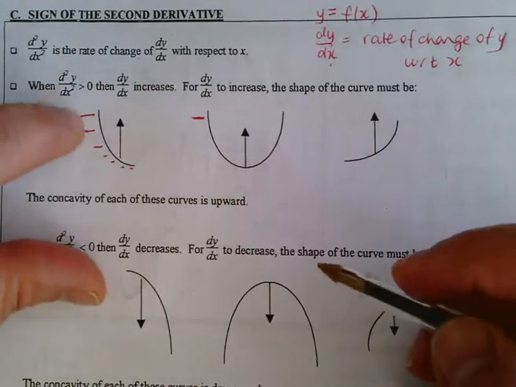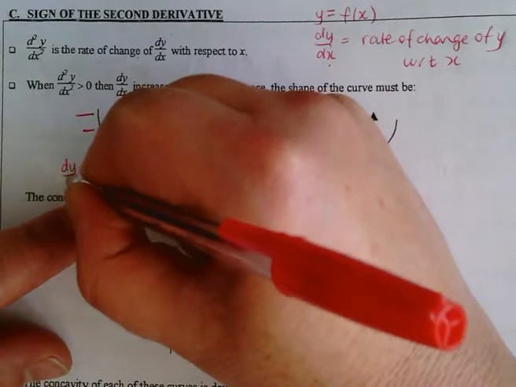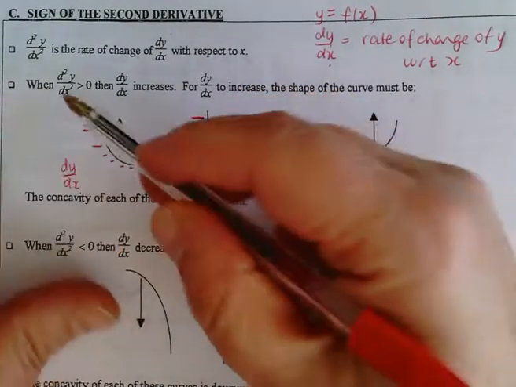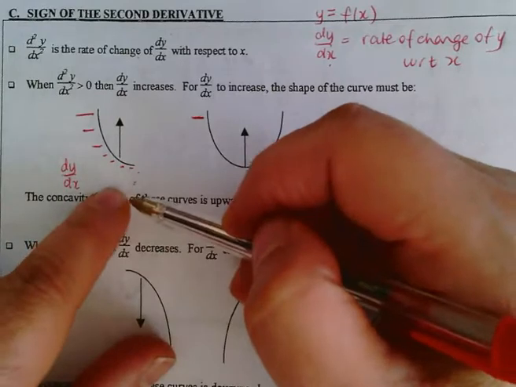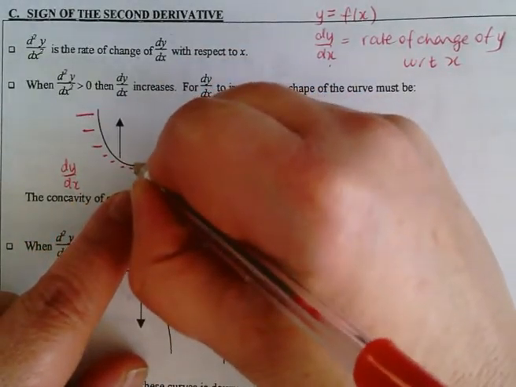The values are getting less negative, which means that dy/dx is increasing. The value of the gradient is increasing, from -5 to -1, or -1/2, or -1/4, or whatever. It's close to 0 down there. The gradient here is 0 at the end.